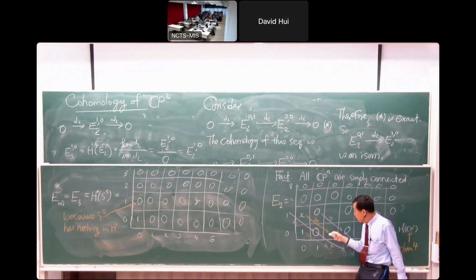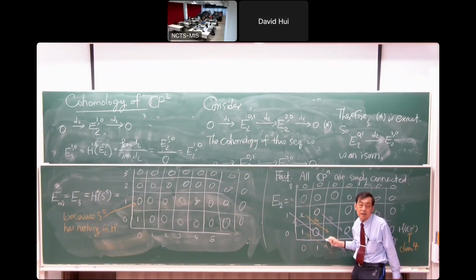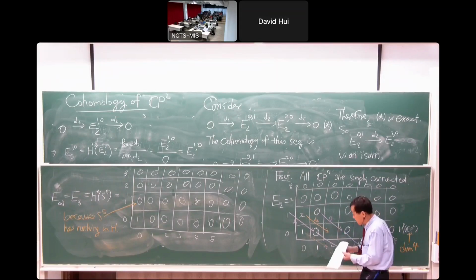And that means, what is this box? It has to be R, and it has a generator.